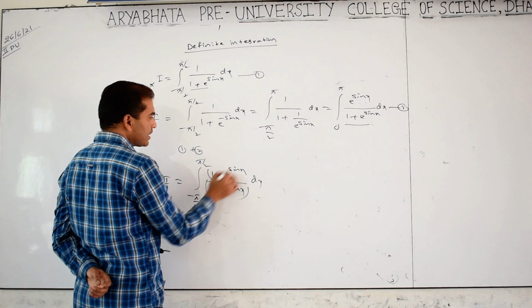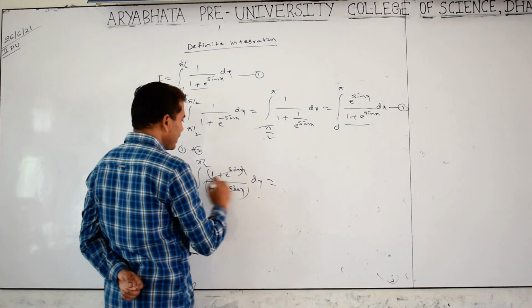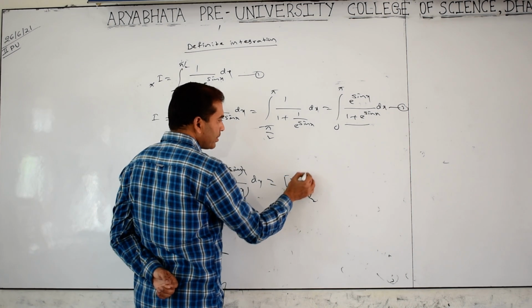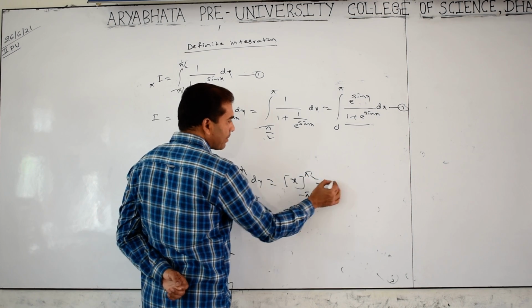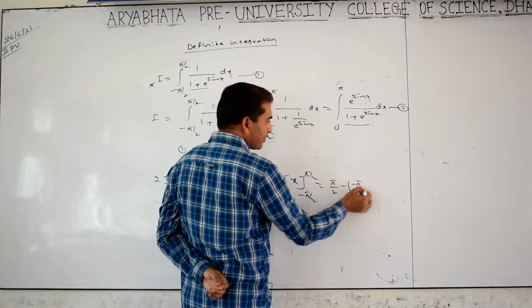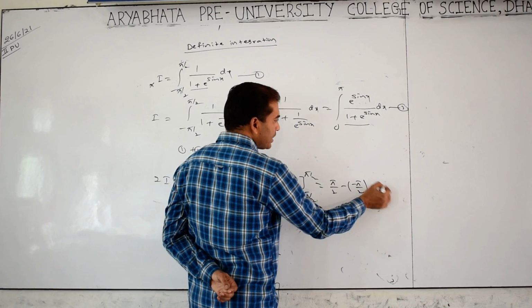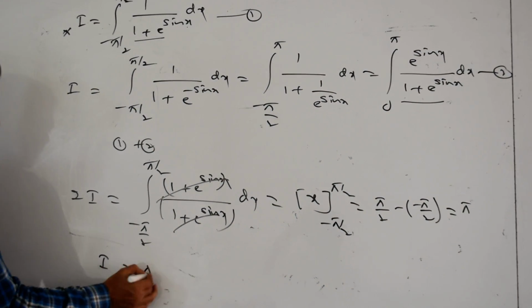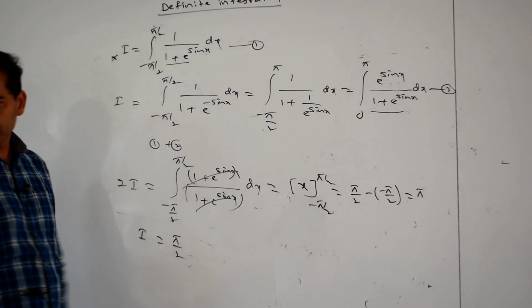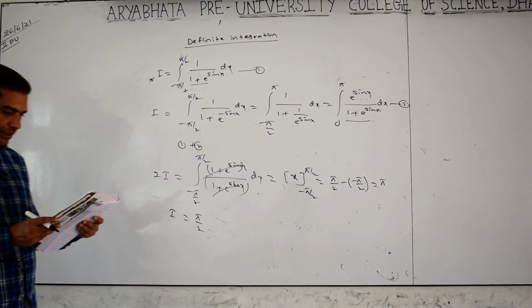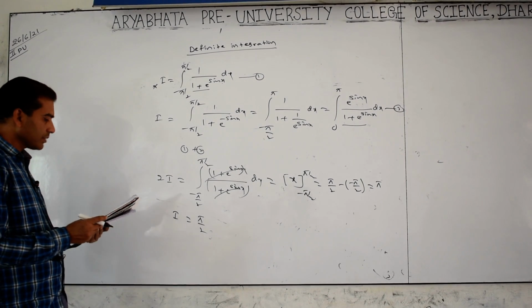This cancels. So the integration of 1 dx is x, limits minus pi by 2 to plus pi by 2: upper limit pi by 2 minus lower limit minus pi by 2, pi by 2 plus pi by 2 is pi. So 2I is equal to pi, therefore I is equal to pi by 2. This is the third option, C.